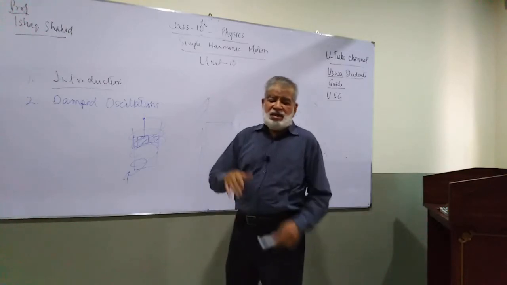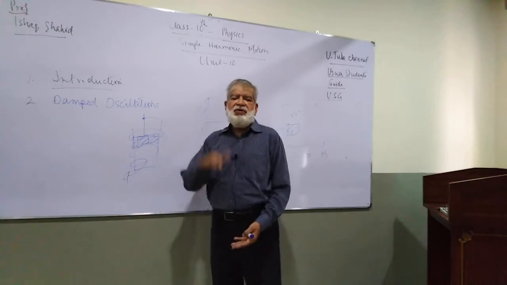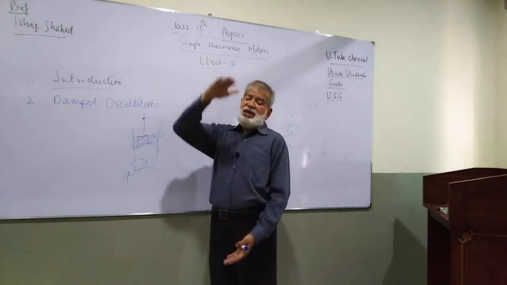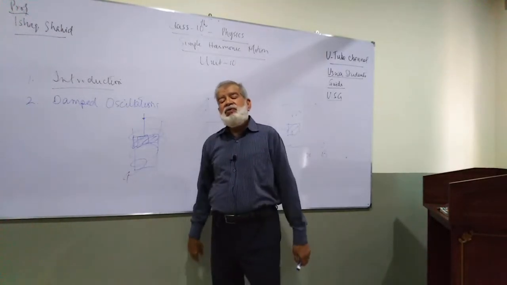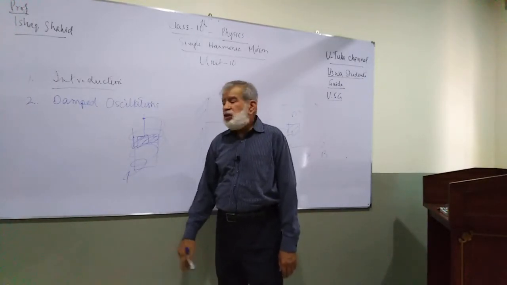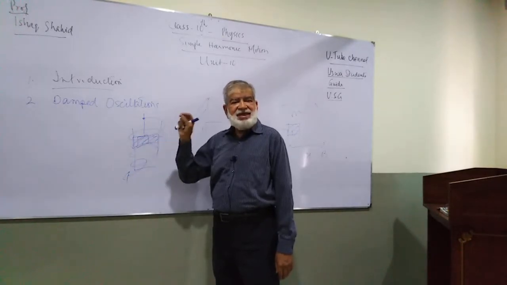Now when the car, suppose it falls into a pit, the springs get stretched and the spring keeps going up and down along with the weight, and you do not want this vibration to continue for a long time. Therefore you make this oscillation damped.